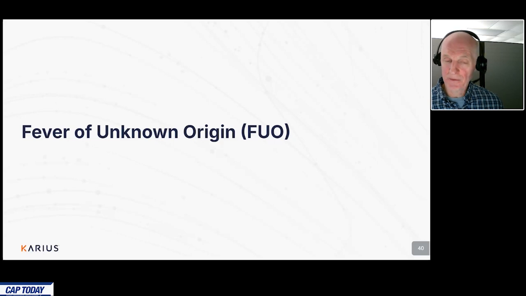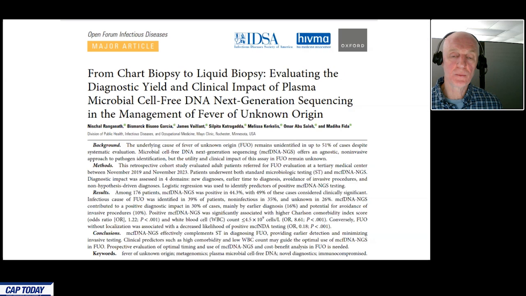So fever of unknown origin, aka FUO, is defined as objective documented temperatures of greater than 38.3, 100.9 Fahrenheit, for 3 weeks with no clear explanation.